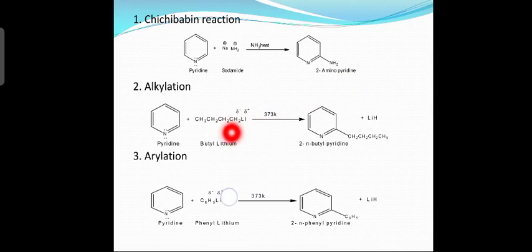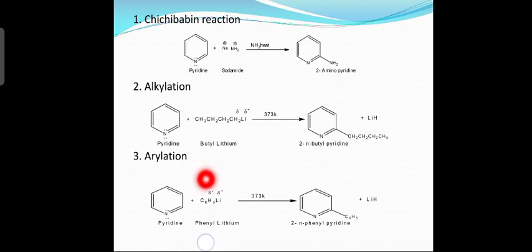Next is alkylation. Pyridine reacts with n-butyllithium heated to 373 Kelvin. We get 2-n-butylpyridine, with the formation of the other product, lithium hydride. Next is arylation.